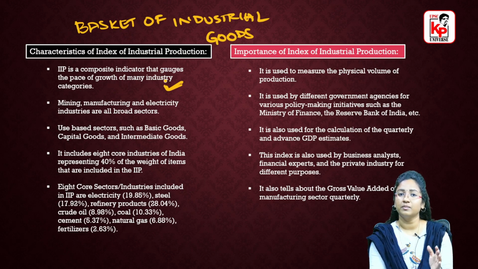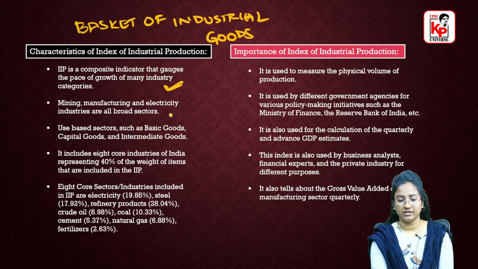As we have seen, we take the volume of production in the base year and the volume of production in the current year. In this way, we compare the growth of a particular sector in the basket of industrial goods, comparing the volume of production from the base year to the current year. In that way, we are measuring the pace of growth.